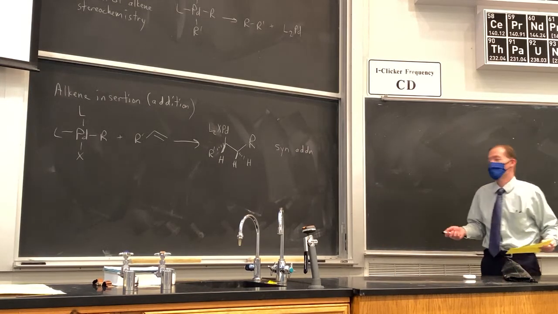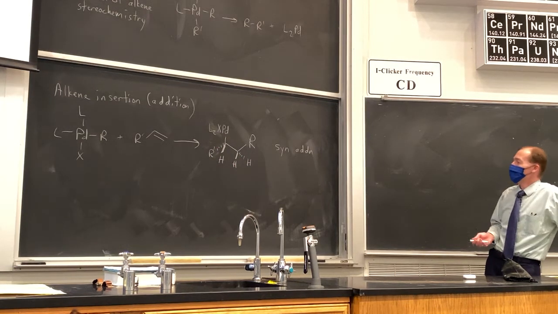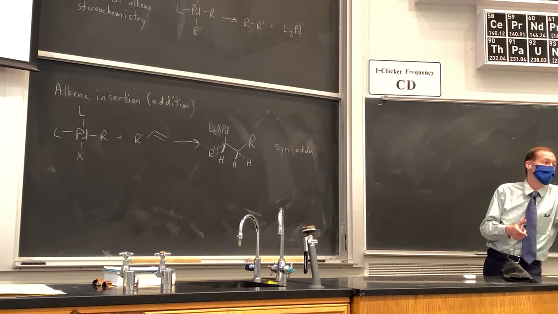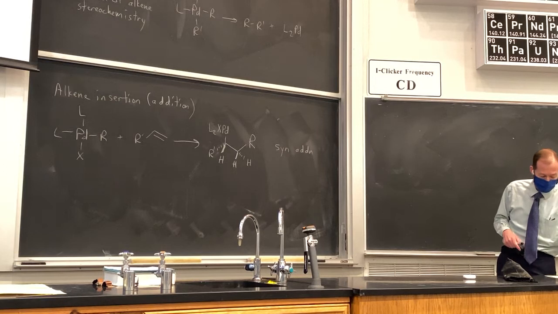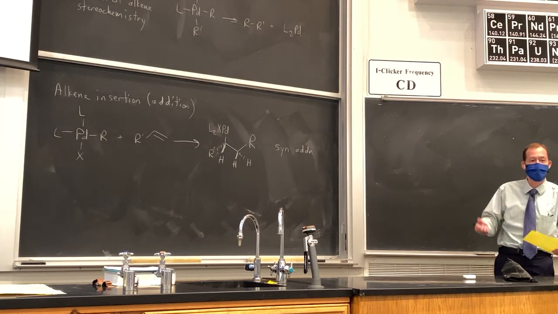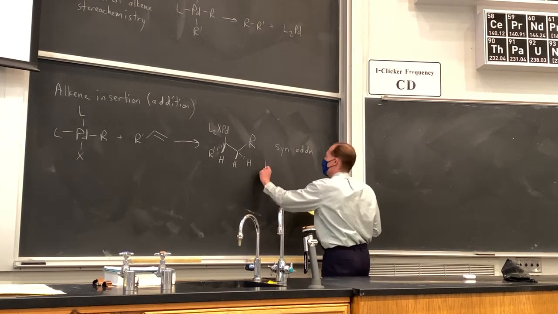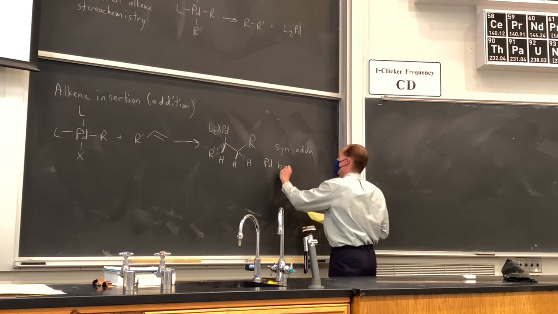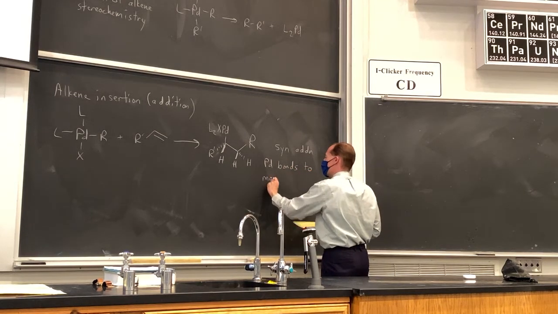In this case, it was a terminal alkene I showed you, so you couldn't really tell it was a syn addition because these two groups are both hydrogens. But the palladium and the R are going to end up on the same side of the alkene. Okay? But something else that's important about this alkene insertion or this syn addition reaction is that the palladium is going to bond to the more substituted carbon.